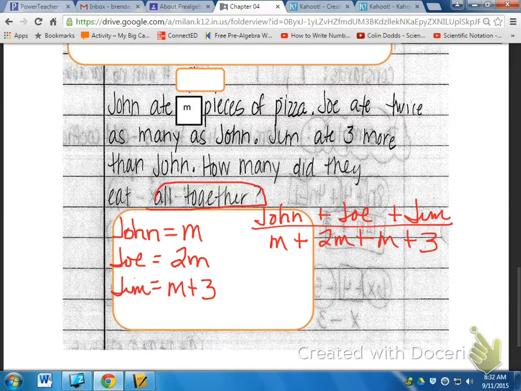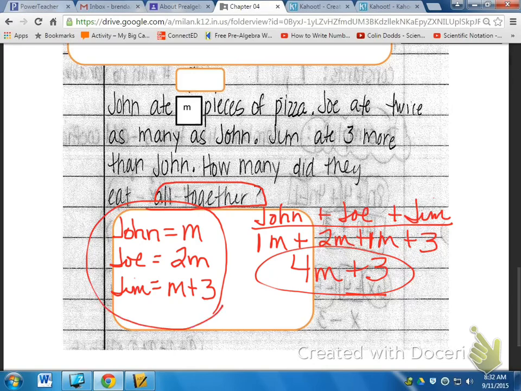So there's, how much is in front of this M for John? 1. And then there's a 2M for Joe, and then a 1 for the Jim. So 1 plus 2 plus 1. 4M, and then what's the rest of it? Plus 3. Good job. 4M plus 3. So describe each person, however they say in the description, as the variable. And then when they want them all together, you would just add them all together. Questions about that?